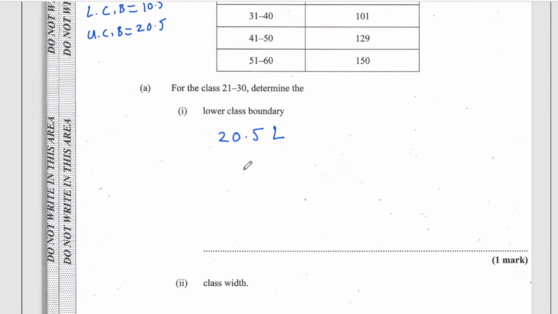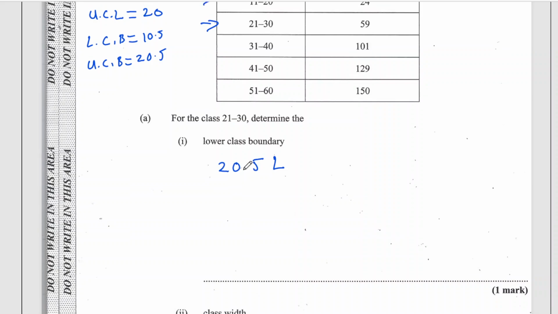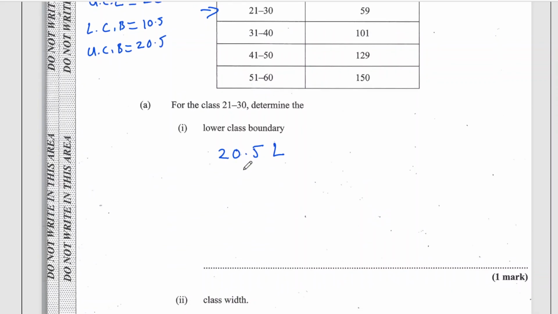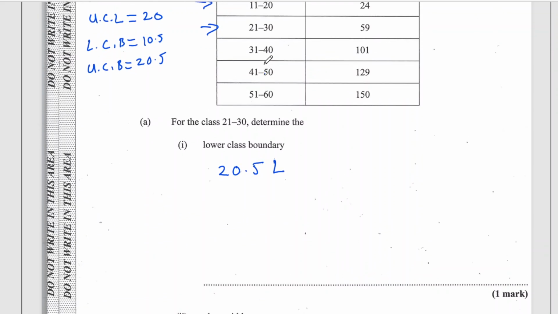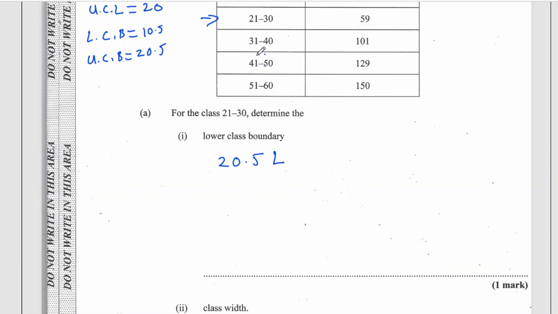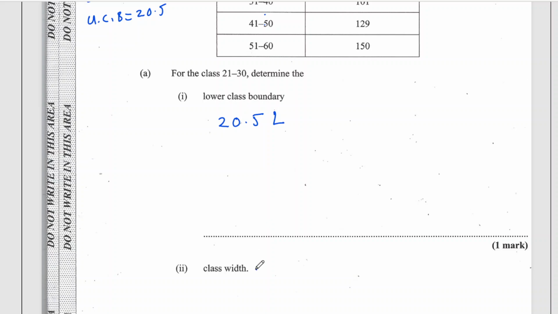Then they ask for the class width. I didn't mention that just now, but I knew it was coming up. Class width is the width of your interval. They want the width of this interval here. Since they want the class width for 21 to 30, the class width is given by the difference of your boundaries: your upper class boundary take away your lower class boundary.